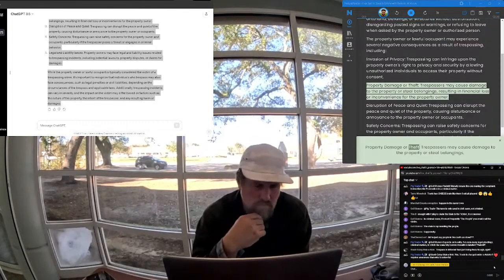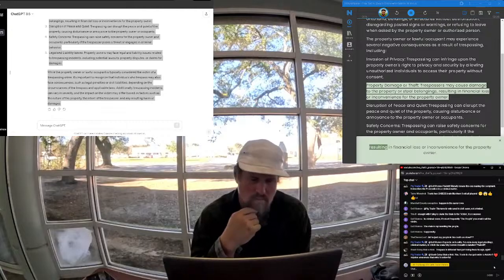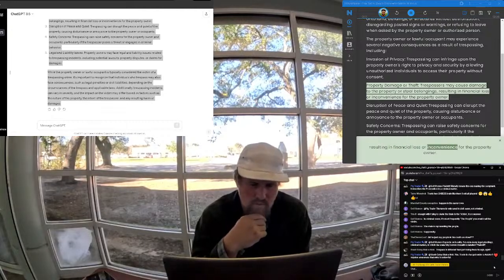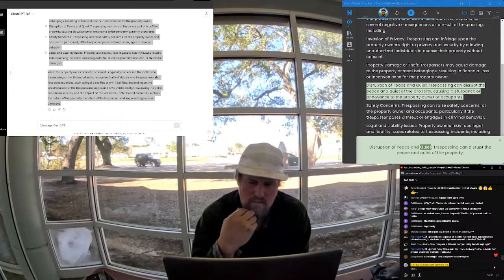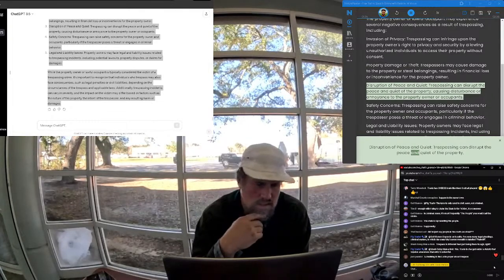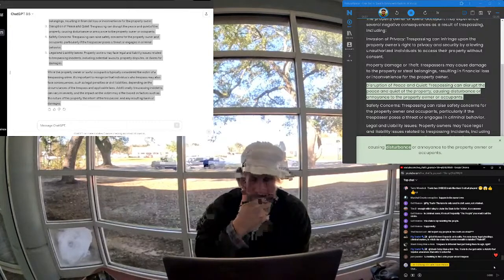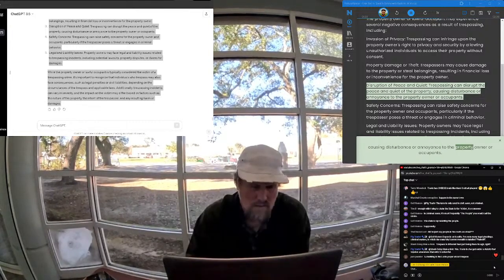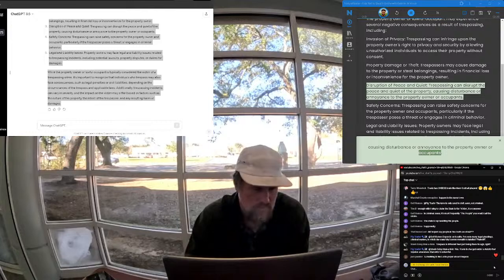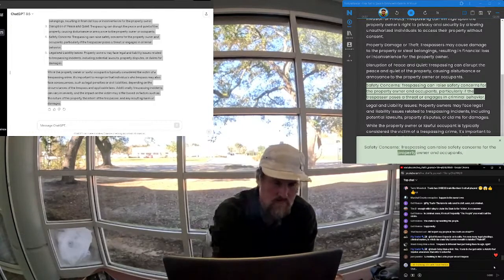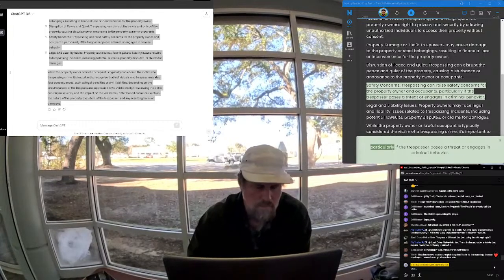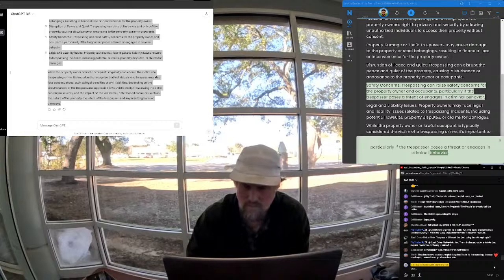Property damage or theft. Trespassers may cause damage to the property or steal belongings, resulting in financial loss or inconvenience for the property owner. Disruption of peace and quiet. Trespassing can disrupt the peace and quiet of the property, causing disturbance or annoyance to the property owner or occupants. Safety concerns. Trespassing can raise safety concerns for the property owner and occupants, particularly if the trespasser poses a threat or engages in criminal behavior.